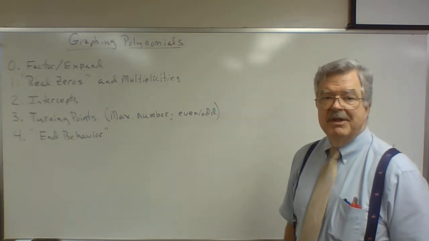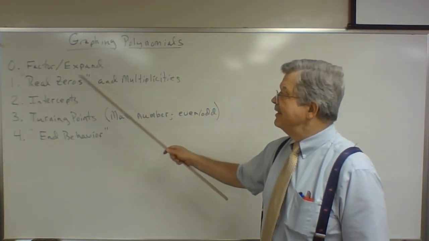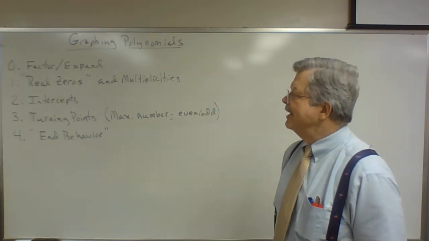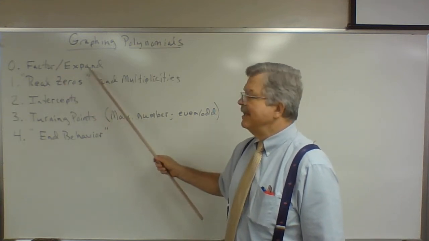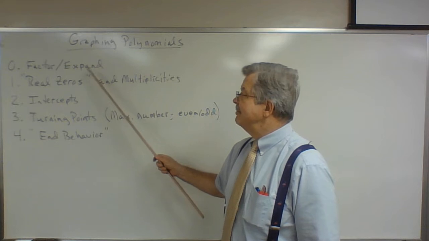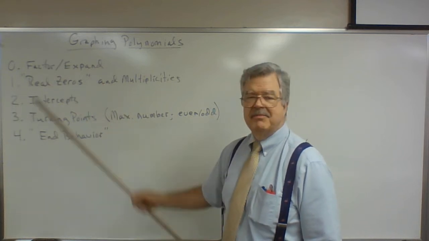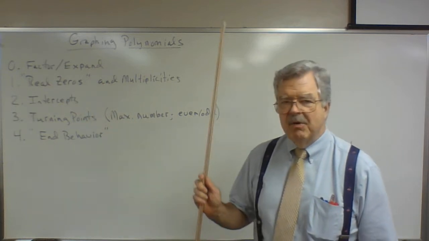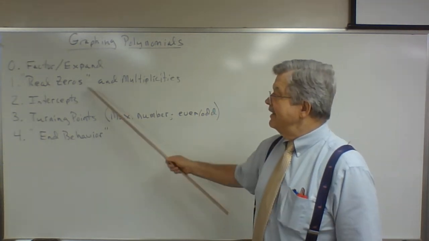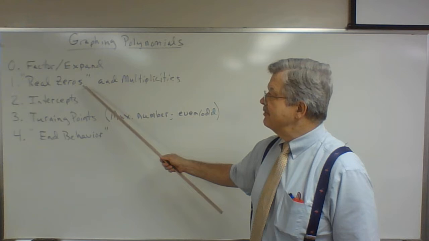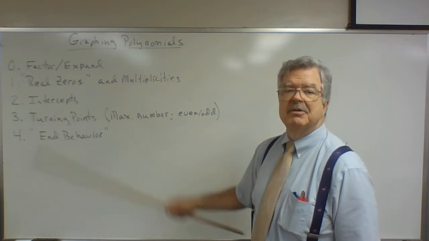If the polynomial is in factored form, expand it. If the polynomial is in expanded form, factor it, just so that we have both ways of looking at the polynomial. The next step, find all of the real zeros and their multiplicities.